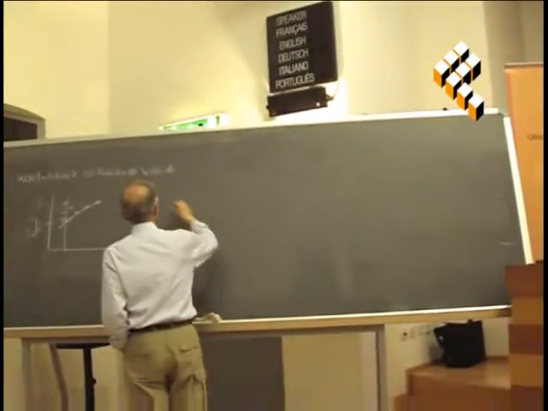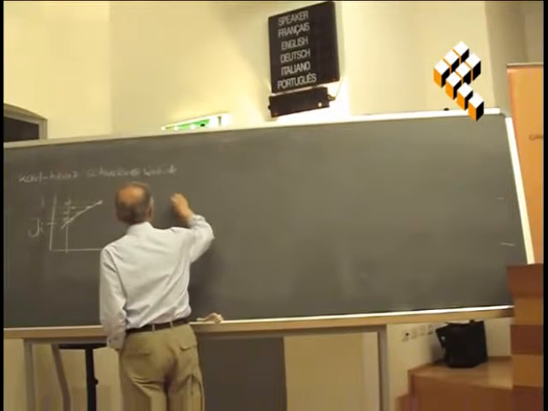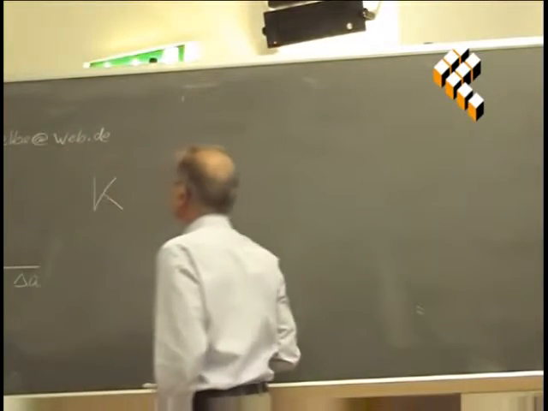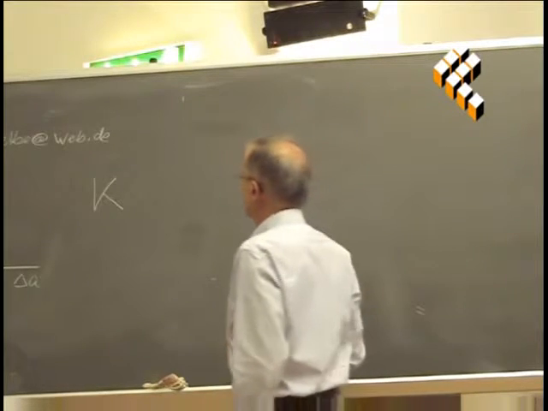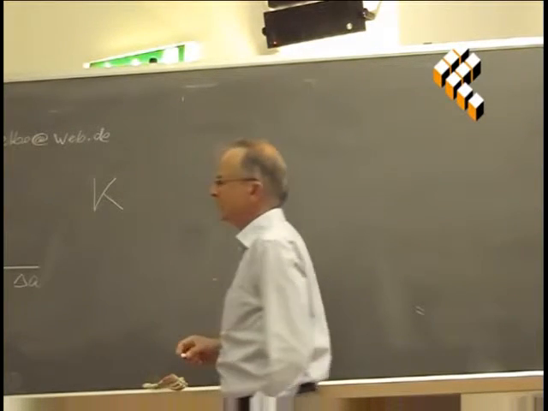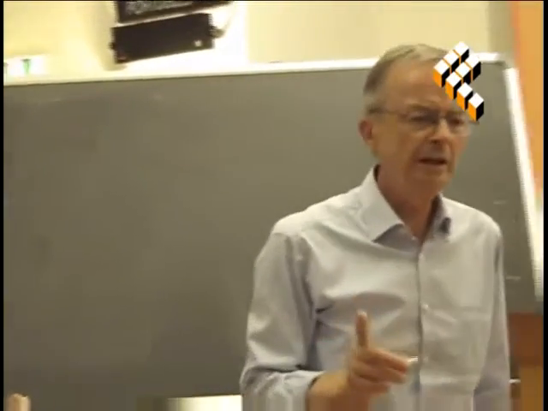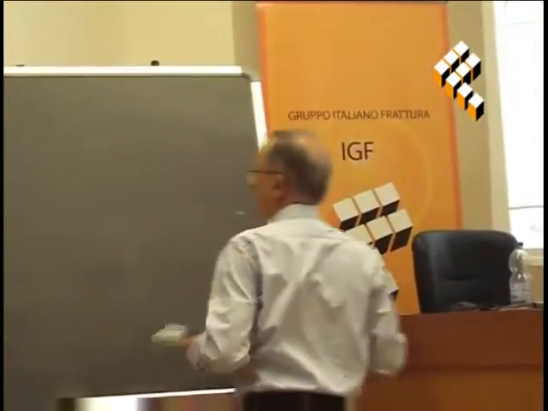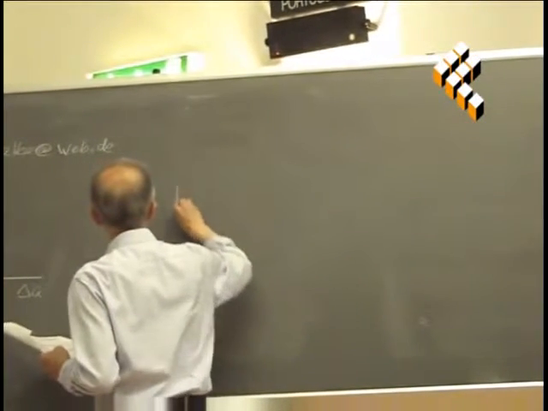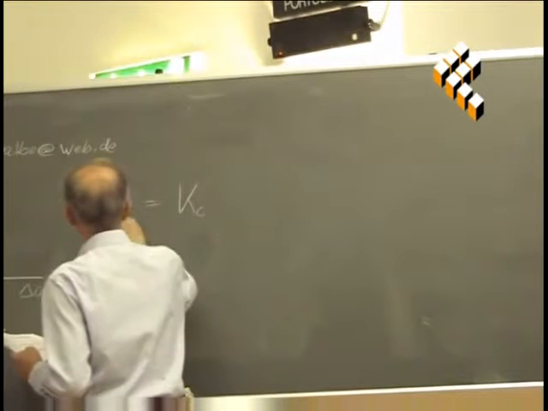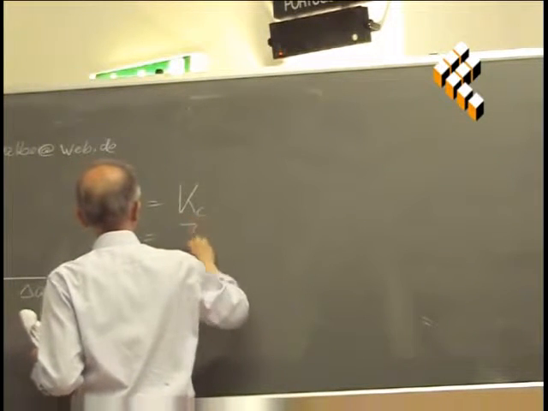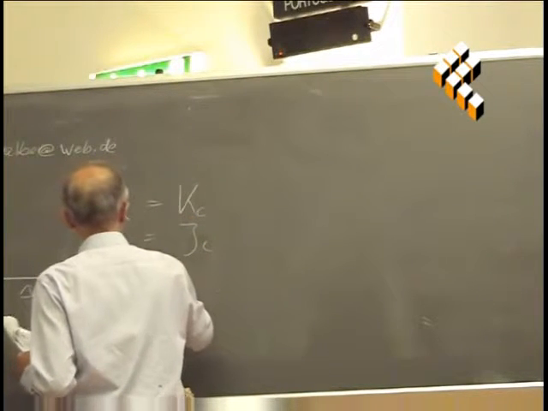In linear elastic conditions, the crack driving force may be in terms of K, or J or delta, whatever it is. And at the moment of failure, in the incident of failure, we have the critical value Kc, or we have J, which is Jc, or we have delta, which is delta C.